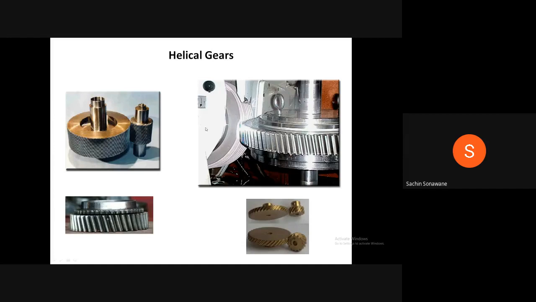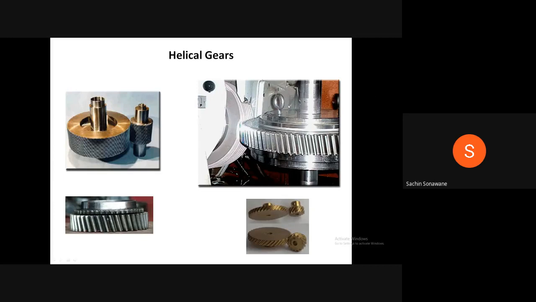Now these are some photographs of helical gear. Now you are observing the helical gear and you may be thinking, what is the difference between spur gear and helical gear?